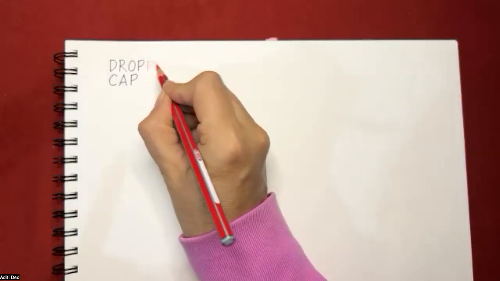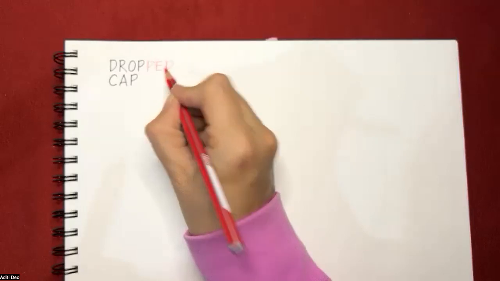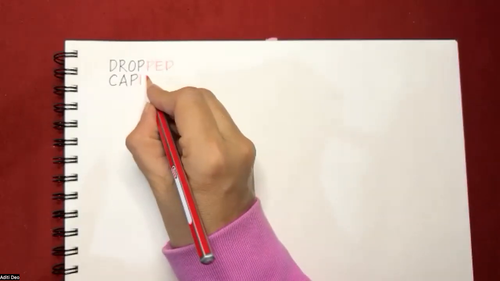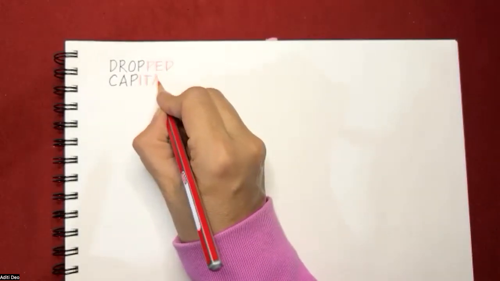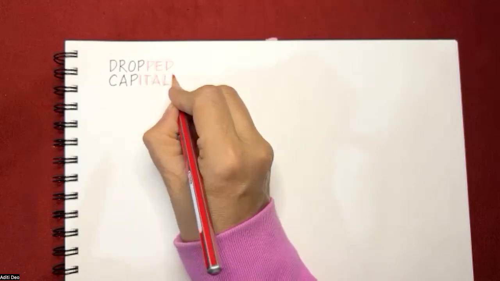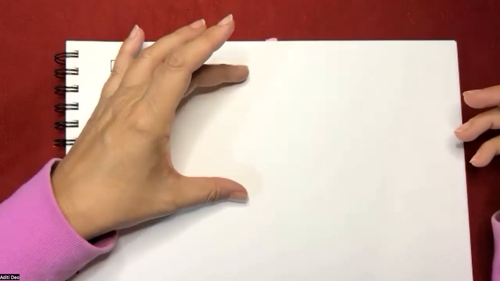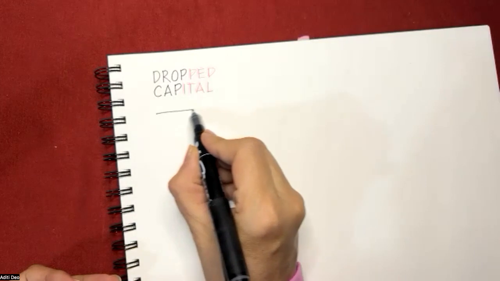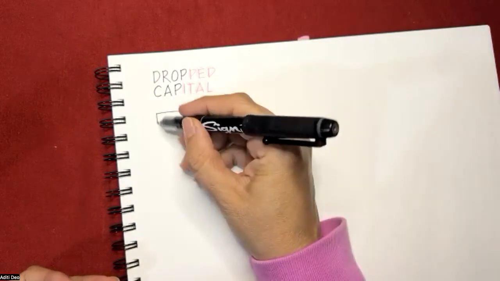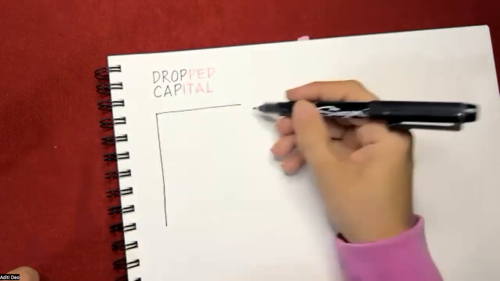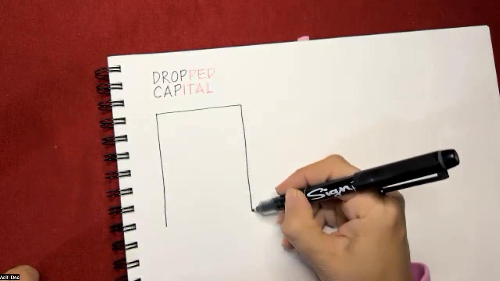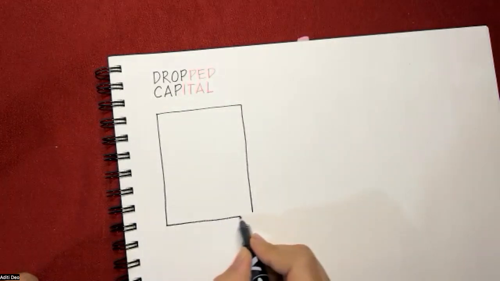Now we don't want to keep saying dropped capital. So we say dropped or drop cap. So this is when we have a big letter and what you want to write starts next to the letter instead of below.